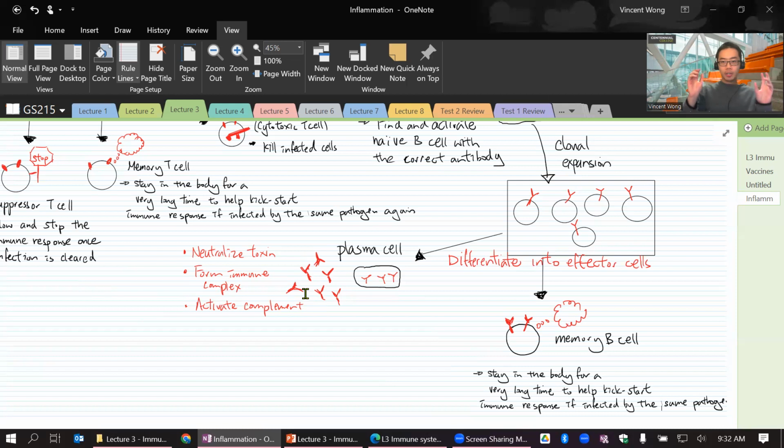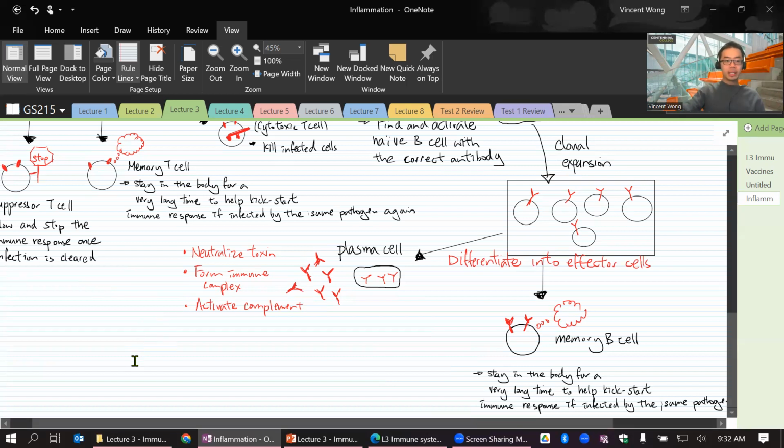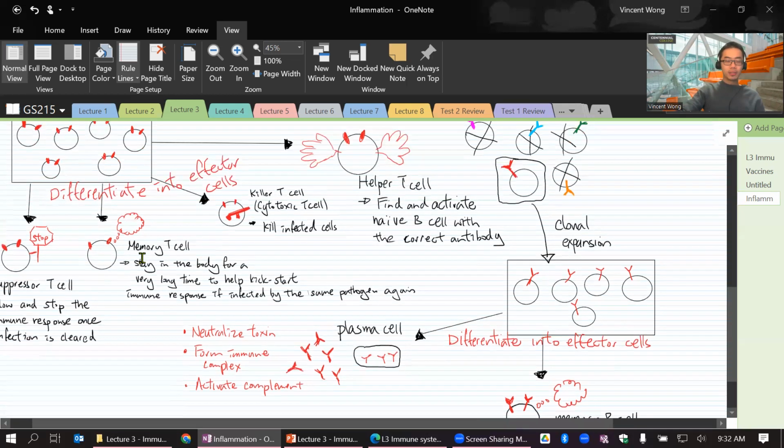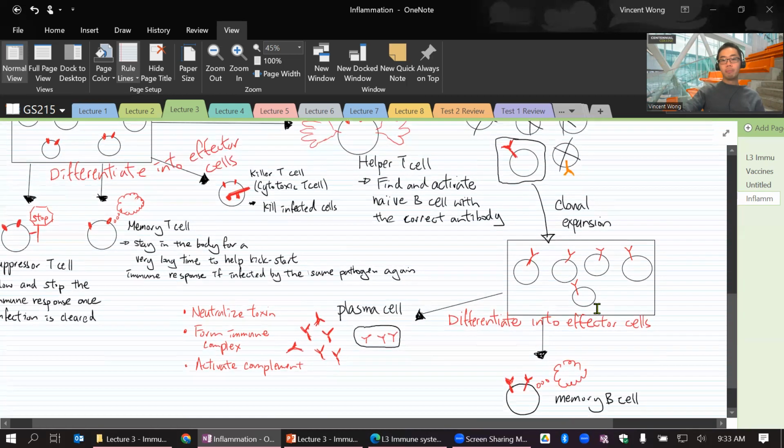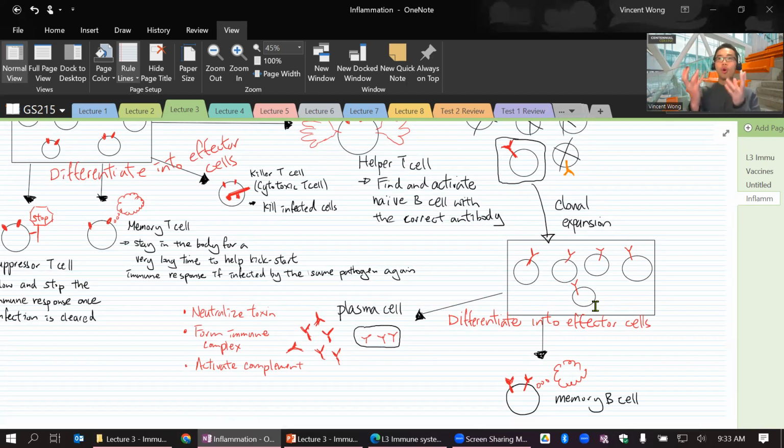However, just to make sure that you're able to clear it, you also want the memory T cells, which would immediately go backwards and trigger all these things again, so you would get more helper T cells, and then you will be able to mass produce more B cells.